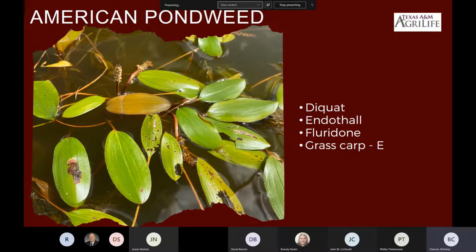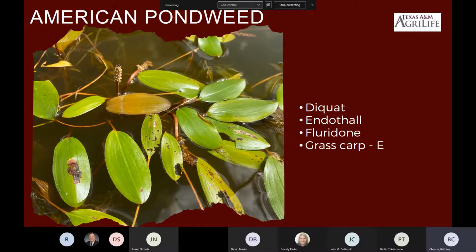There are some instances where I go out to a pond and it's just covered with American pondweed, but for the most part you'll just see little stands of these, and it takes quite a long time for them to grow to complete coverage. Grass carp are excellent at controlling American pondweed.